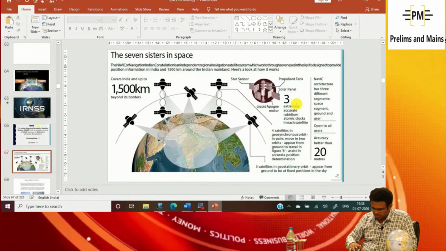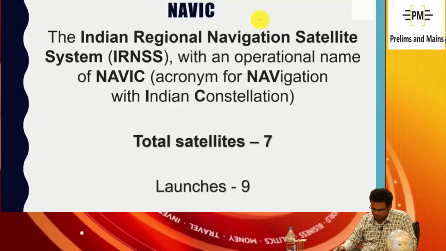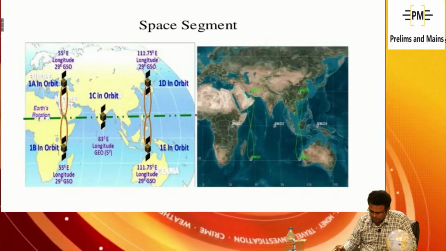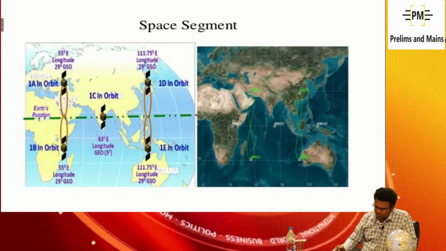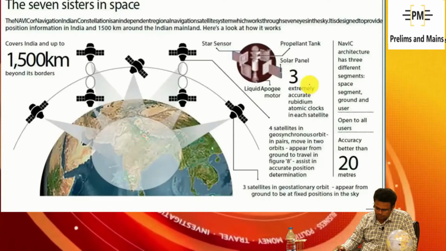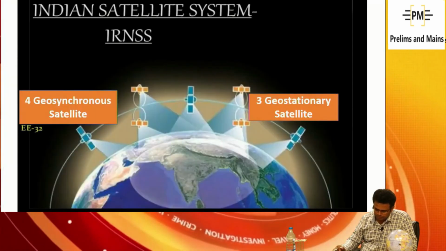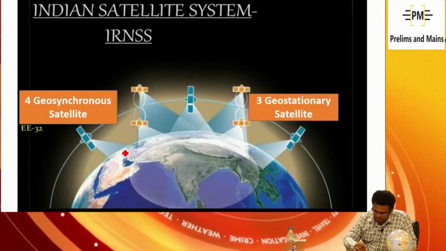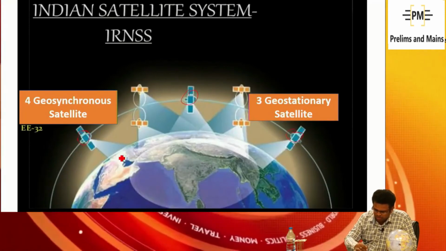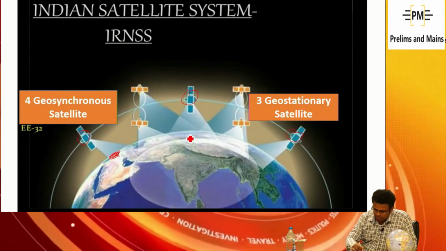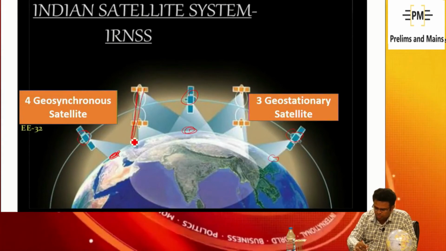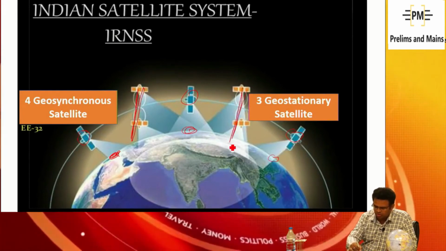You can see here, like I said, that this blue color is geostationary here, here, and here, and these are the two geosynchronous here, and these are the two geosynchronous here.